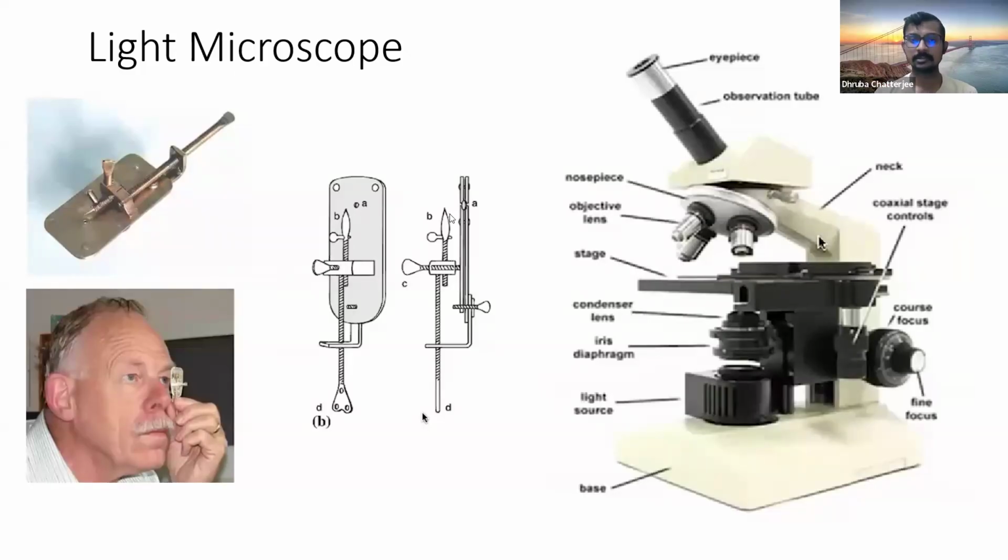So among the different microscopic techniques, the most common microscopy is light microscopy. On the left hand side, you can see the simple light microscope that was first developed by Leeuwenhoek, which allowed him to see very small objects which were otherwise not visible.